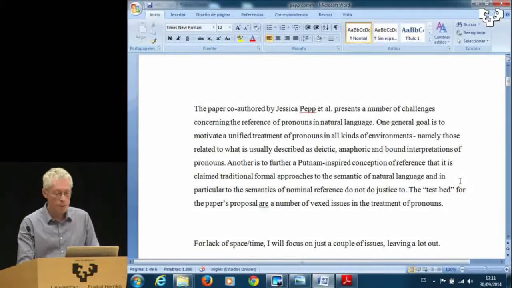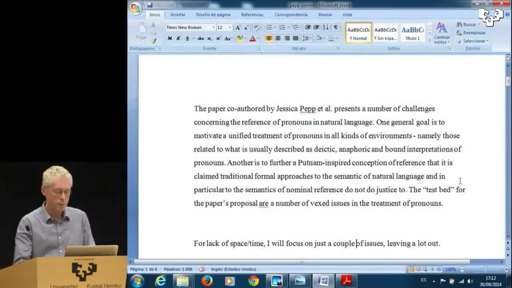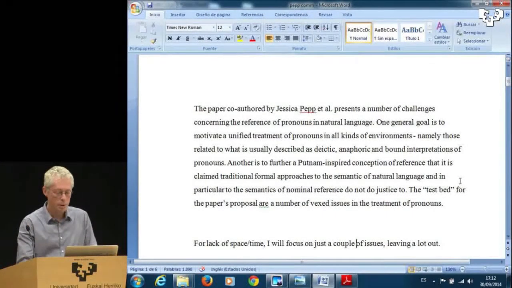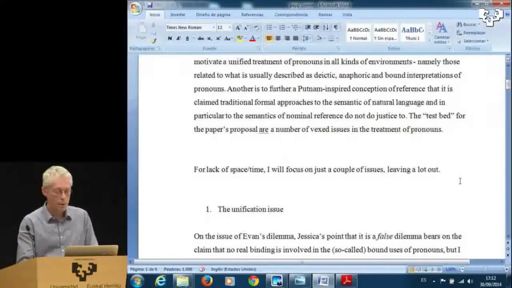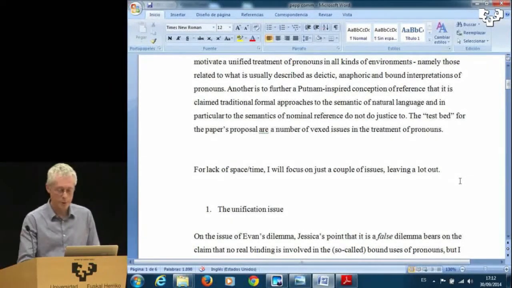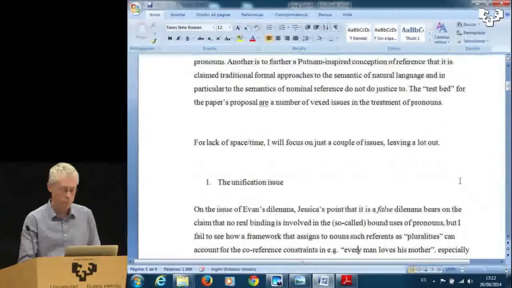Another is to further a Putnam-inspired conception of reference that, it is claimed, traditional formal approaches to the semantics of natural language, and in particular to the semantics of nominal reference, do not do justice to. The testbed for the paper's proposals are a number of vexed issues in the treatment of pronouns. For lack of space and time, I will focus on just a couple of issues, leaving a lot out.